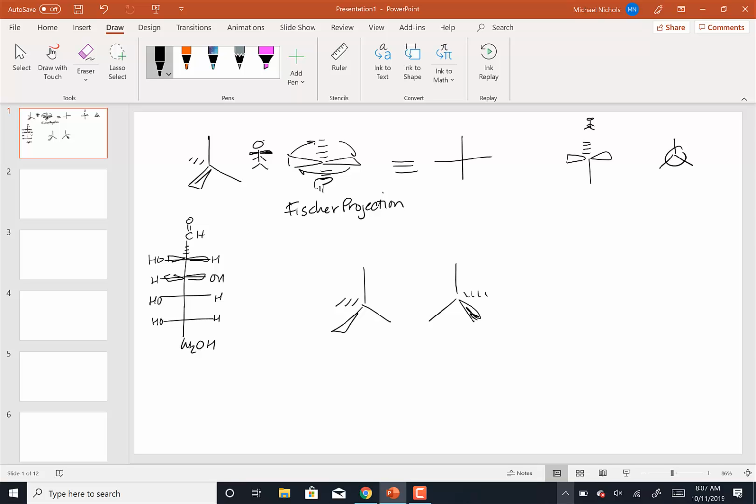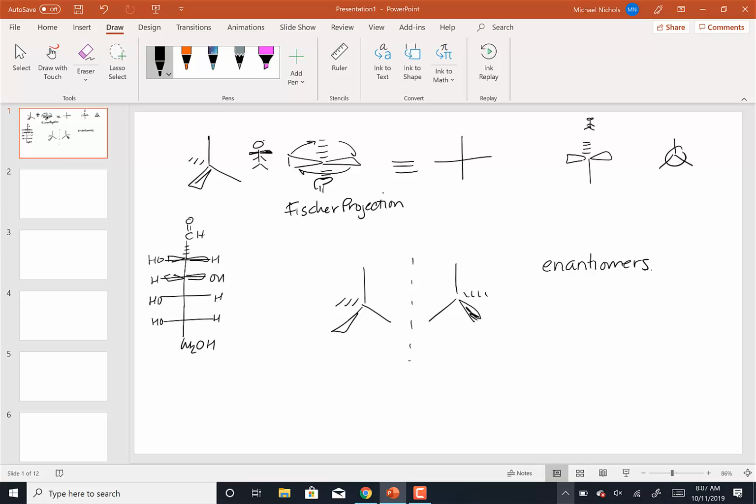If you have a single chiral carbon in the molecule, you have the ability to have mirror image isomers. And those mirror image non-superimposable isomers are called enantiomers.